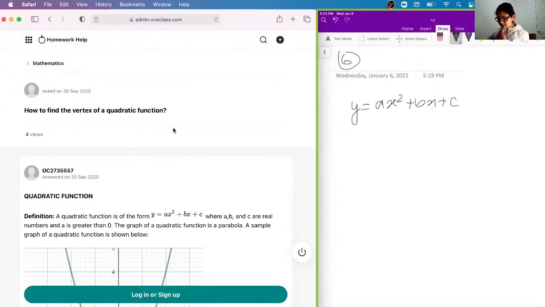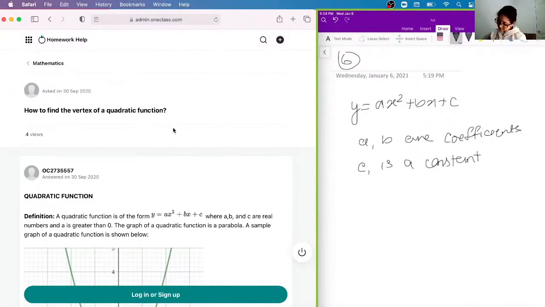So this is your basic template formula, where a and b are coefficients, and c is a constant. So this is any number.